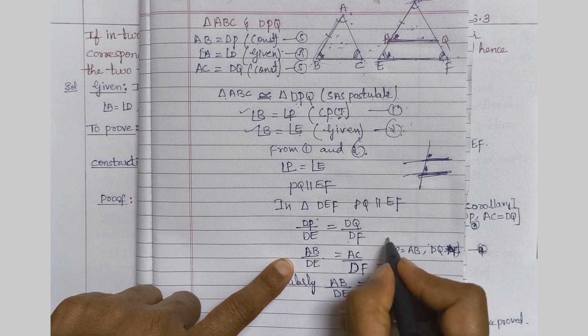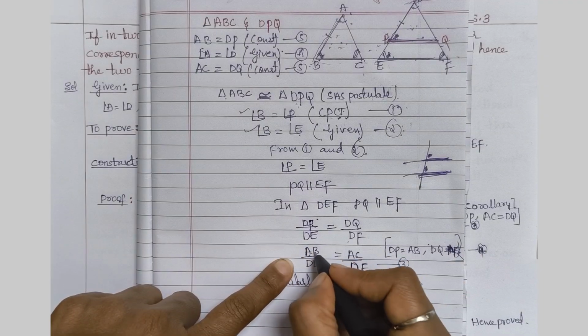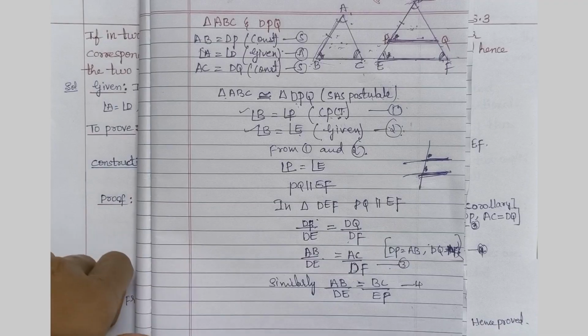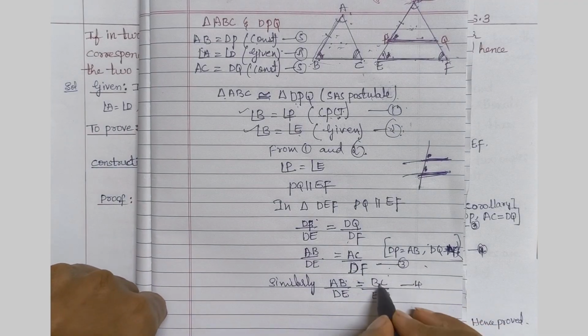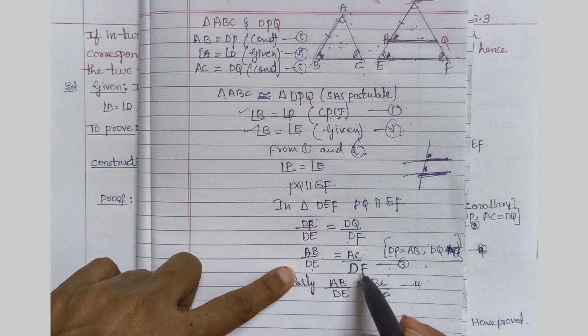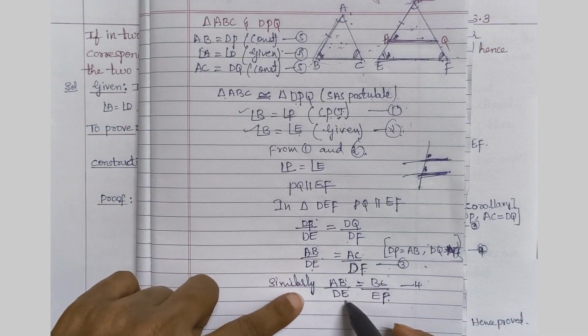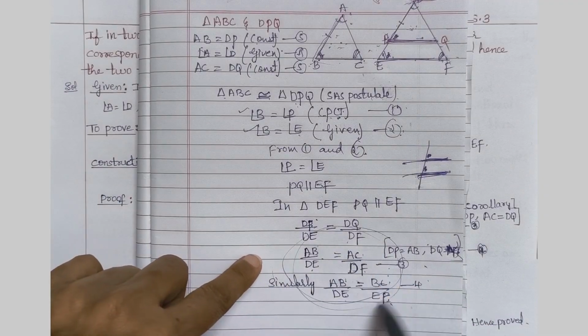This is the fourth equation. Next, AB by DE is equal to BC by EF. This is the third equation. AB by DE is equal to AC by DF. This is the fourth equation. So these are all proportional.